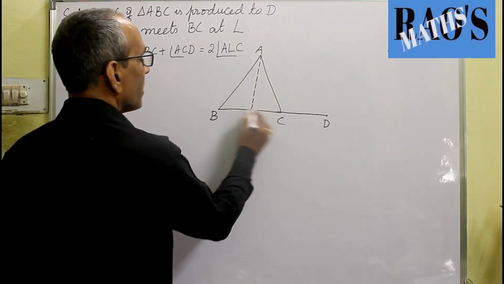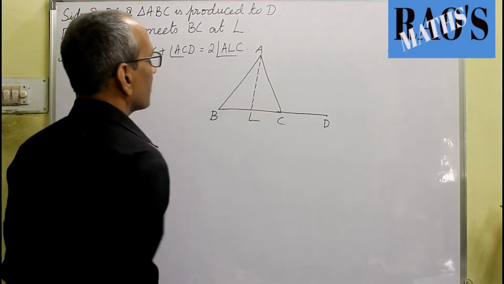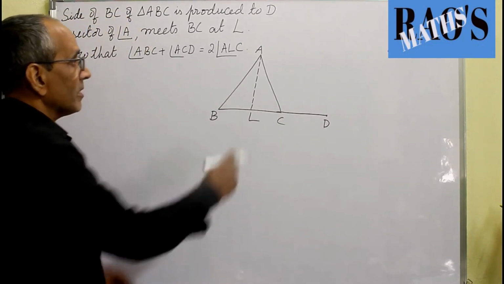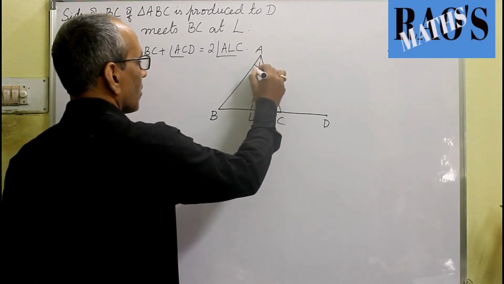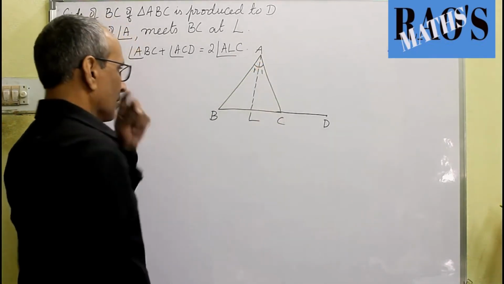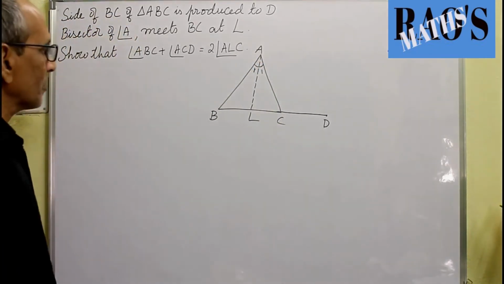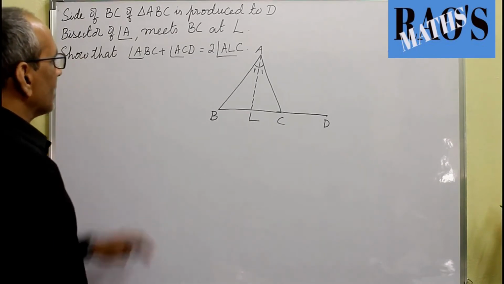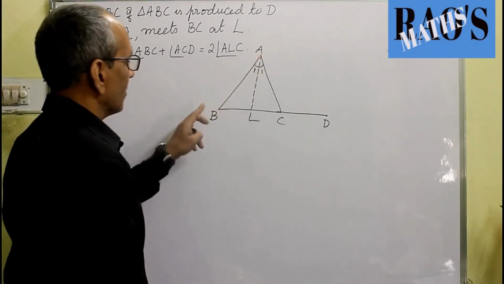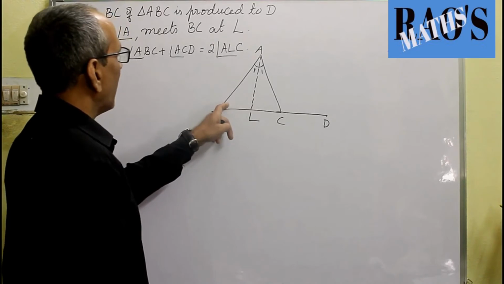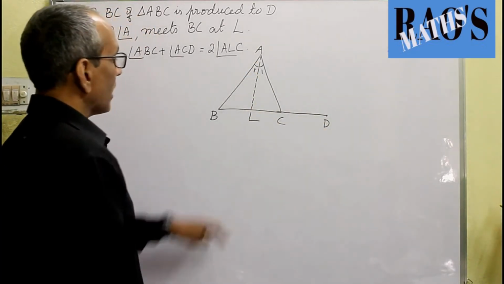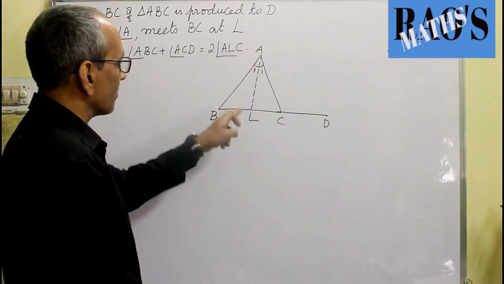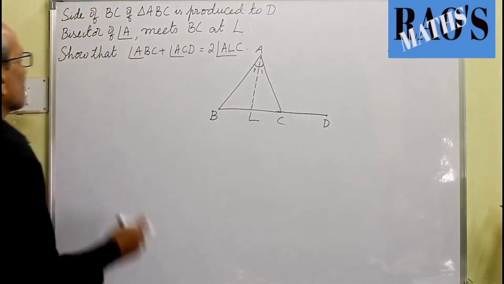It's meeting BC at L. Since angle A is bisected by AL, I mark here both are equal, 1 and 1. Both are equally measured. So the question is: angle ABC plus the exterior angle ACD is 2 times of this angle ALC. That you have to prove.